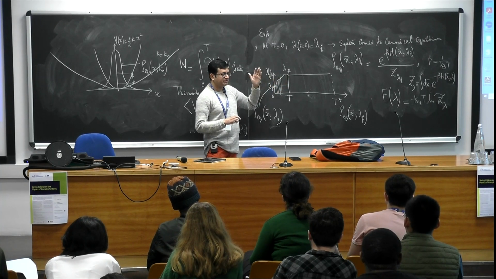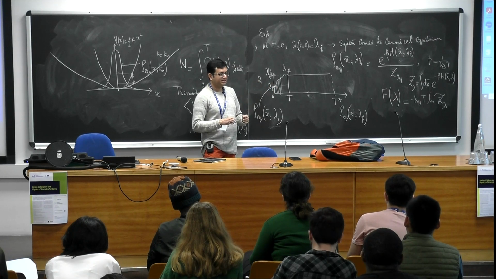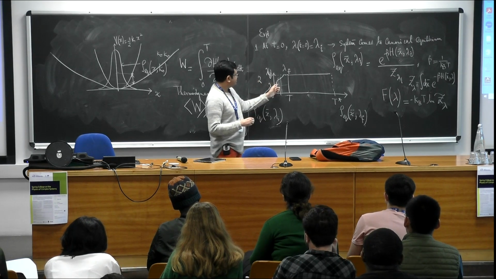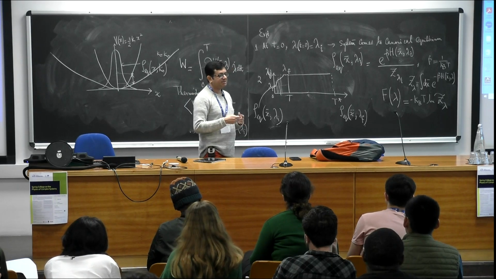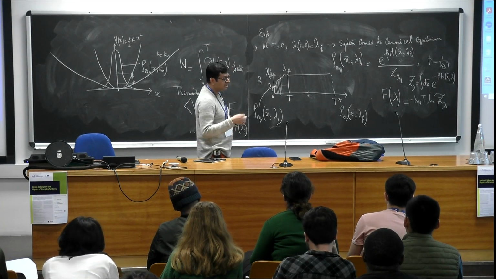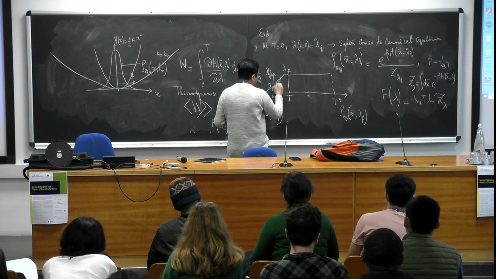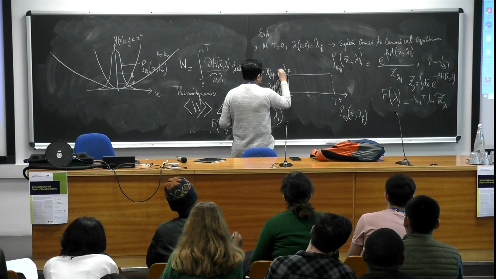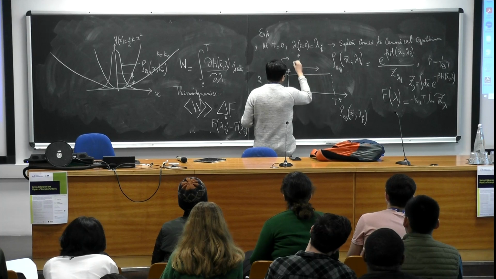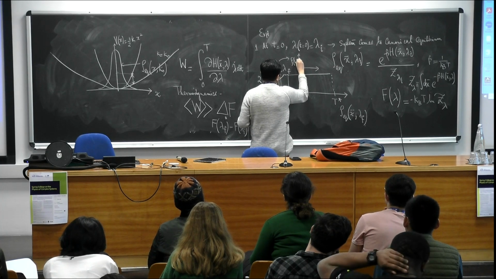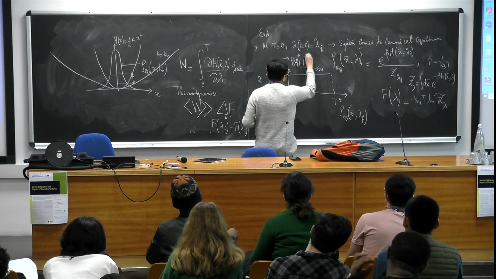But what is different from one run to another is that the system is evolving in contact with a heat bath, so the dynamics is not deterministic but stochastic. So if I repeat this experiment many times, I will eventually get a histogram for W. It would have some form.